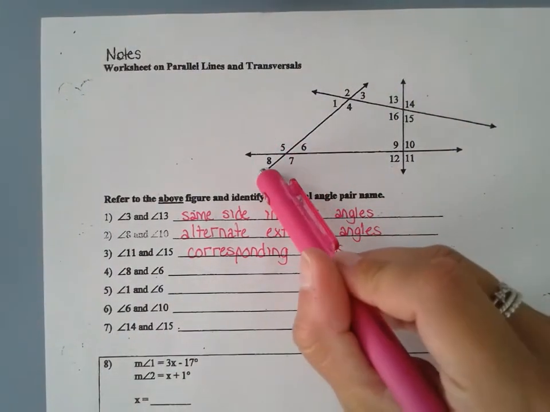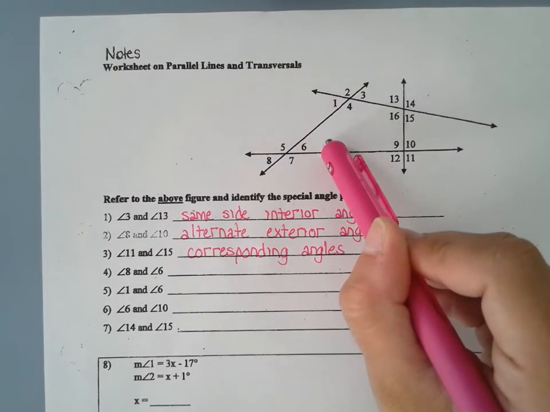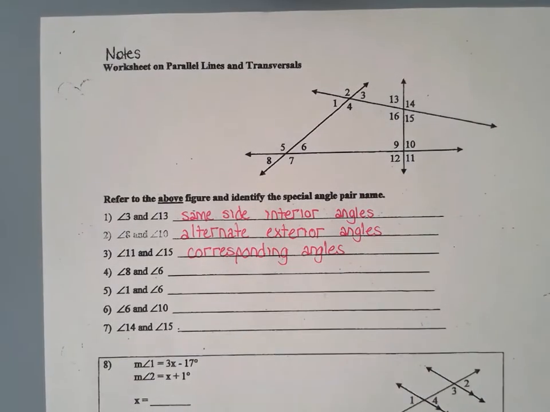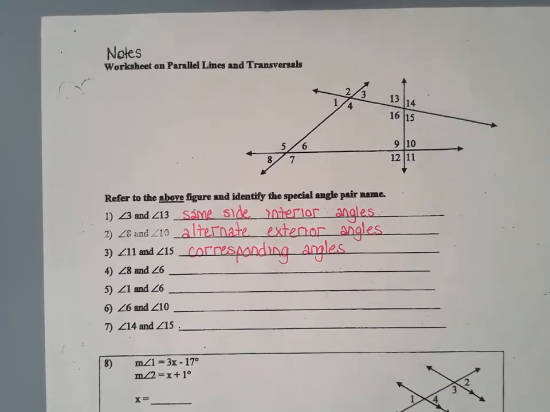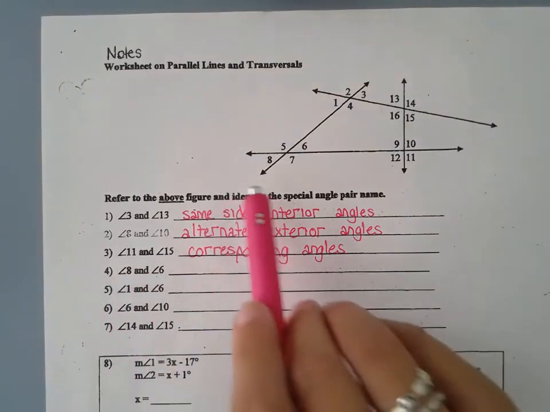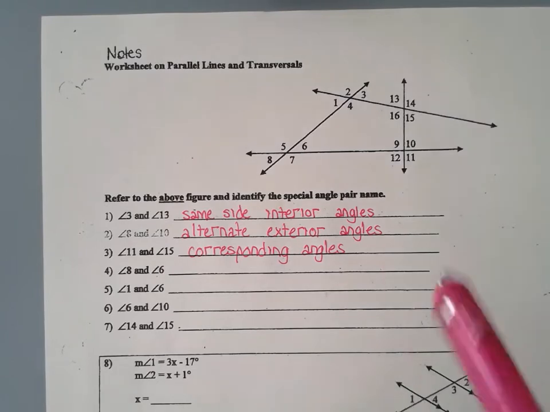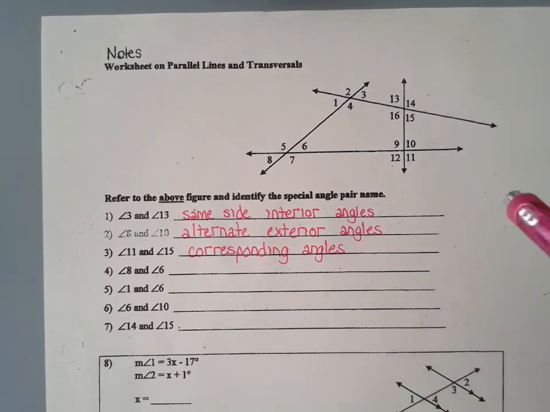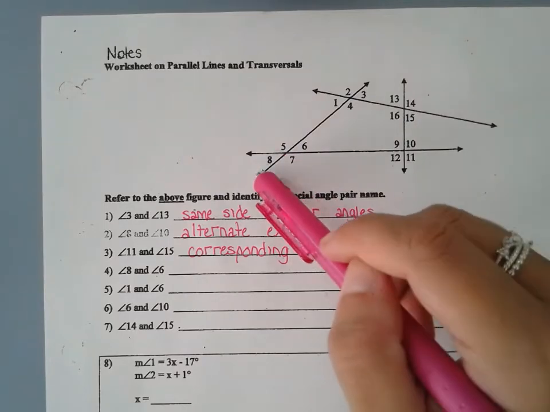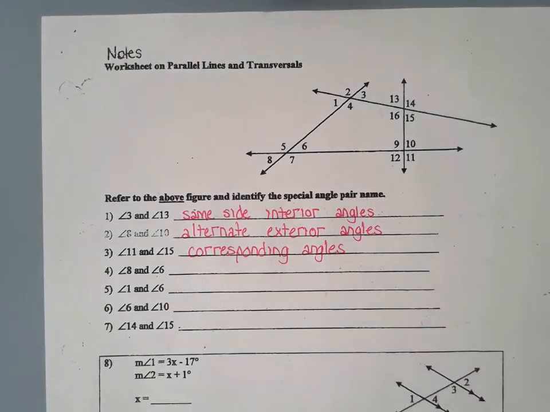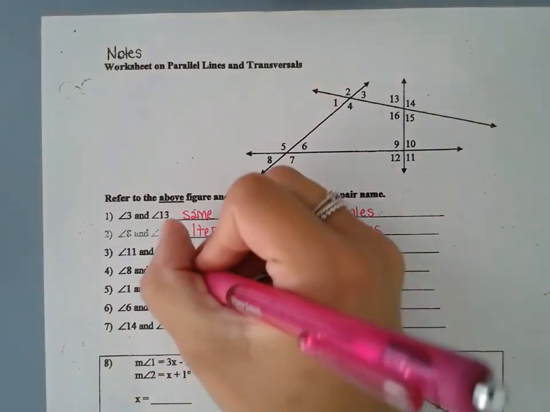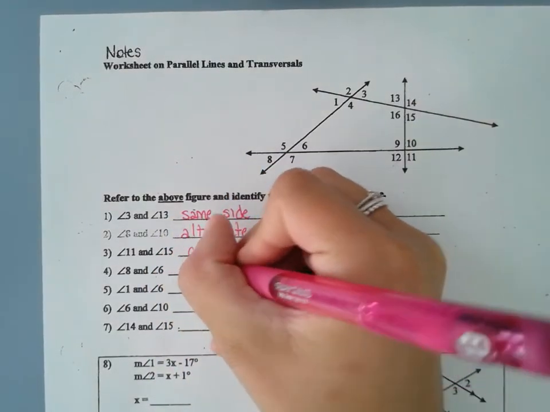For number 8 and number 6, 8 and 6 are both on the same part of the transversal, and we actually don't have a special angle name for these because there's no relationship within a triangle like that. The only thing that we could say about these angles is that they are vertical angles, which is something that we have not mentioned.